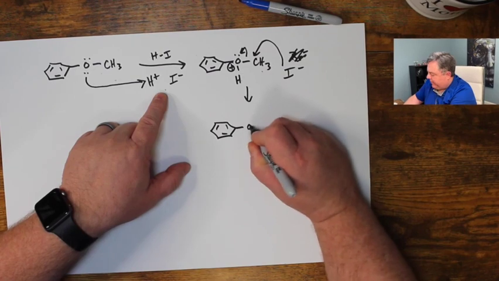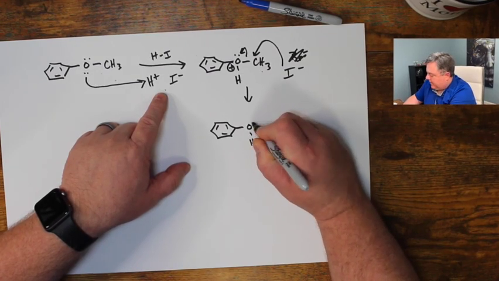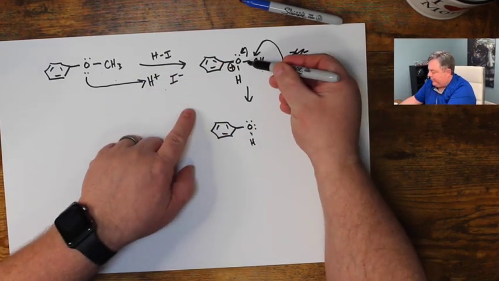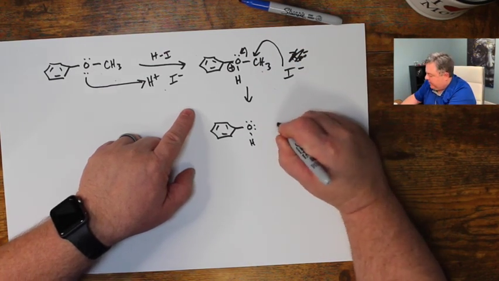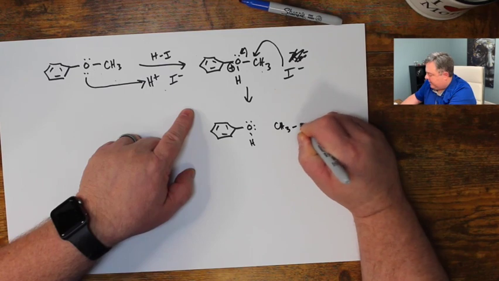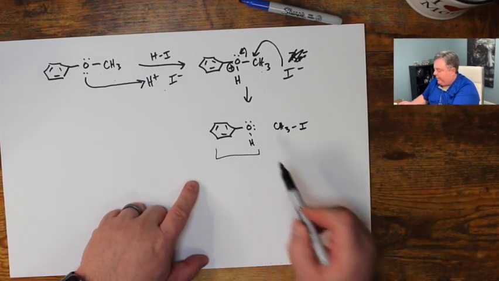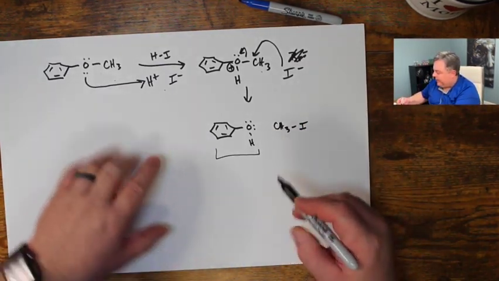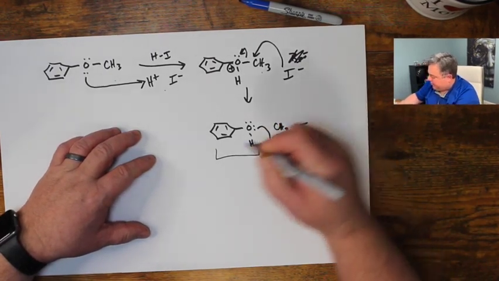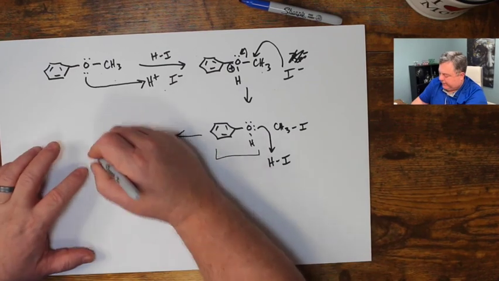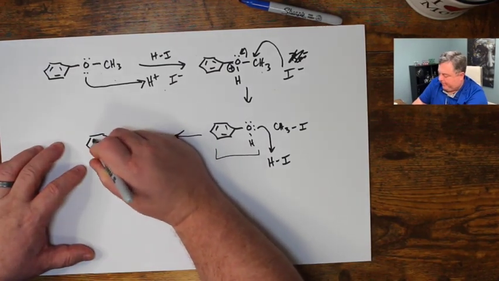So we have phenyl with an OH. And now 2 lone pairs of electrons. These 2 electrons are a lone pair. And we have methyl iodide. So we have this very stable leaving group alcohol and the methyl iodide. There's more HI in there. We can protonate the alcohol, just like we did with that last reaction.